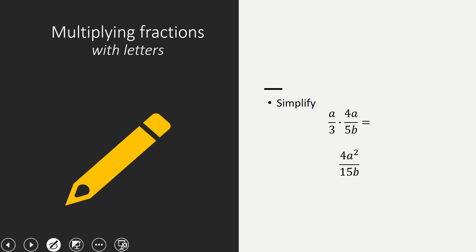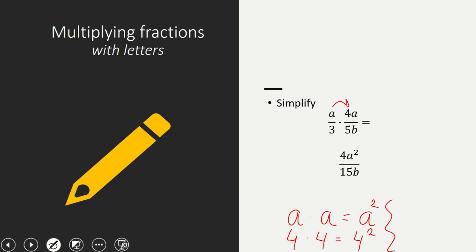So if I multiply 8 times 4a, I will get 32a, because remember that a times a equals a squared. That was because if I'm going to multiply 4 by 4, I could write it differently as 4 squared.